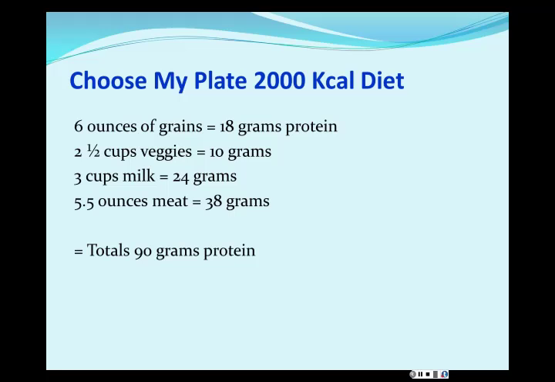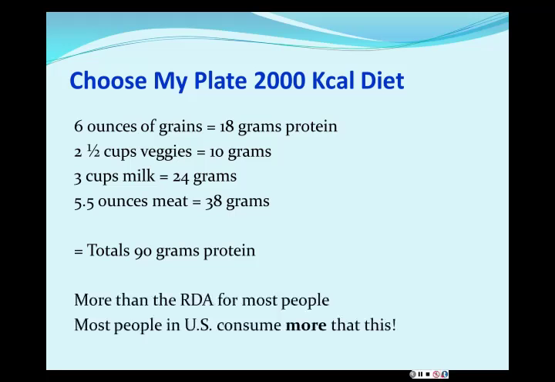So if we add it up, just following MyPlate and the different servings of food groups, that gets us to about 90 grams of protein. That is also more than the RDA for most people, and most people in the U.S. consume more than this, especially in that meat area.